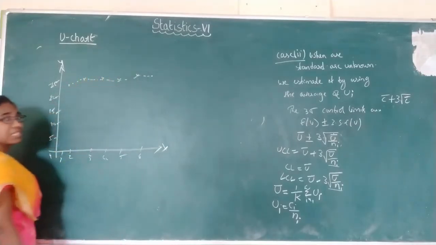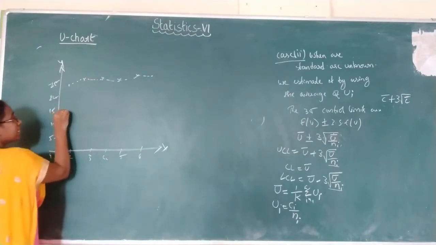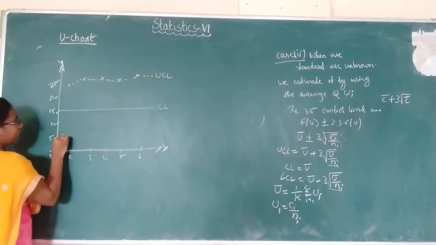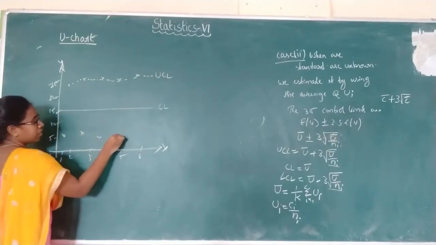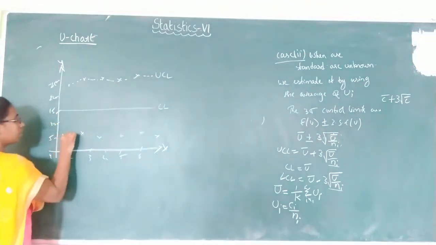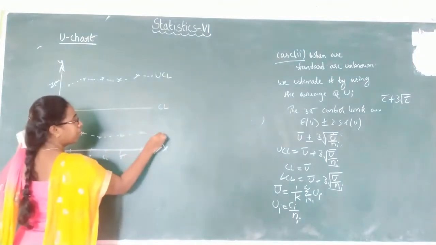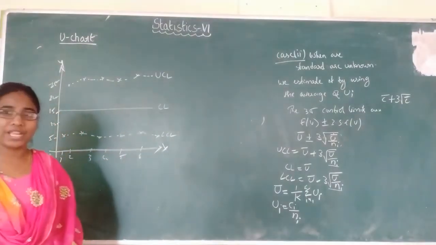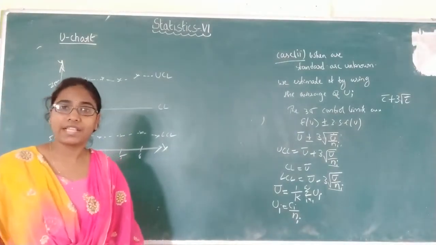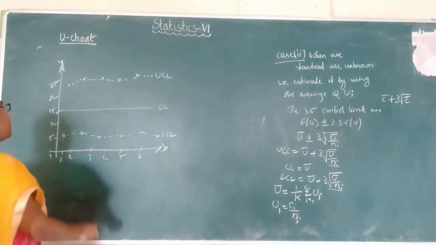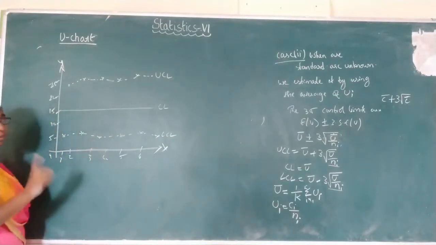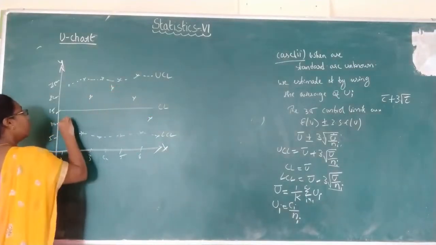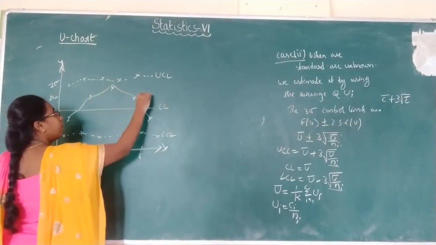You will get a UCL curve, CL is constant, and you will get an LCL value something like this. Join it with a dotted line. Wherever the LCL value is negative, it will be regarded as 0 as usual. Then you will be plotting only the ui values, and you will get a graph for the ui values.